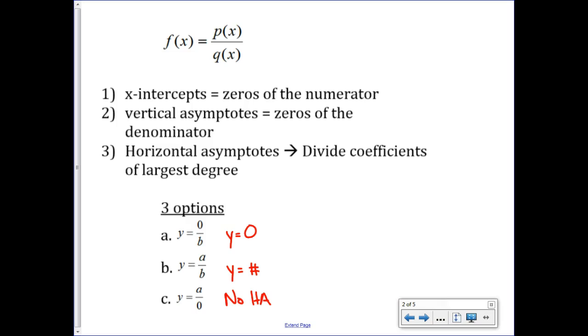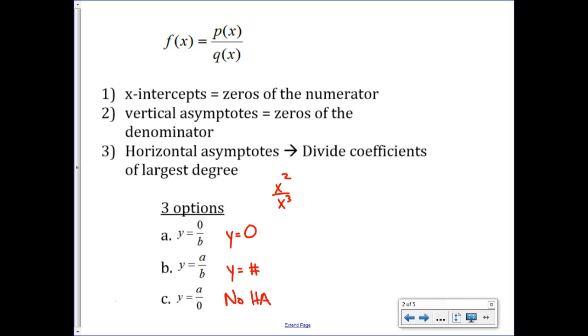That's actually going to be a slant asymptote or an oblique asymptote, which is something we'll get into in pre-calculus. I will show you where that comes into play. When I say 0 divided by b, a divided by b, and a divided by 0, think of the degree of the numerator being smaller than the degree of the denominator, like an x squared over an x cubed.